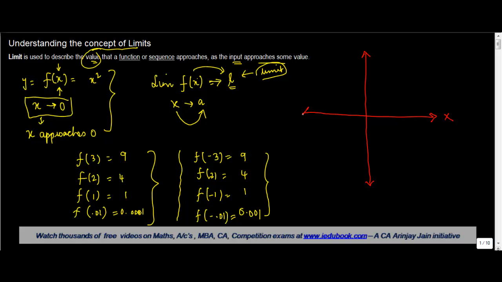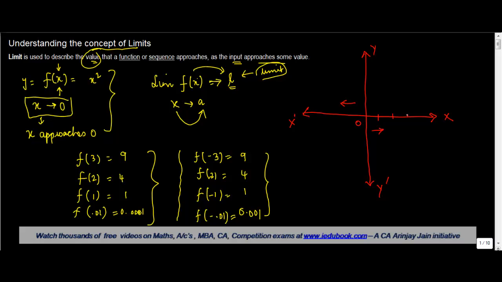So let's say, for example, you have x here. Now what does this say? That as x moves towards 0, what are the values which x has? Now obviously x can have two sets of values. This is the entire axis: those which are less than 0 lie on this side, the others which are greater than 0 lie on this side.